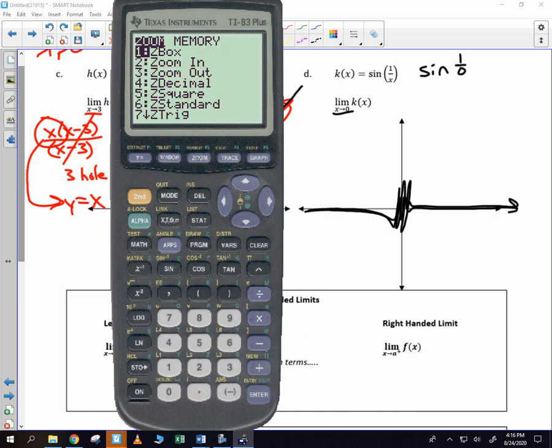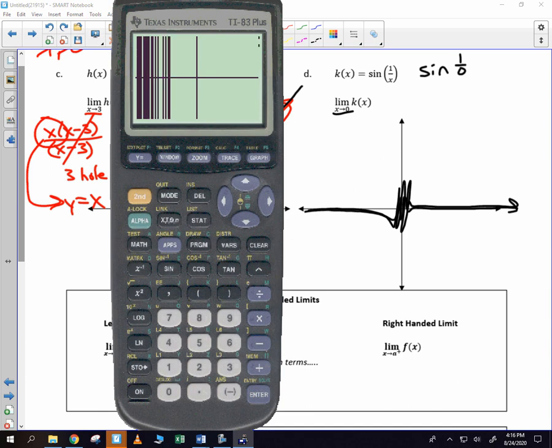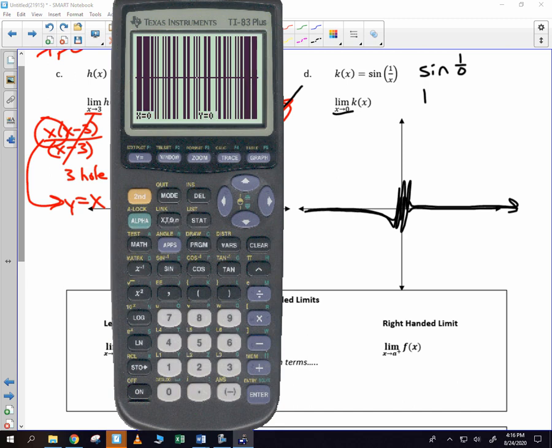Every time I zoom in, the behavior just seems to jump up and down. In fact, it's like, what does the graph look like? And the graph looks like a barcode. In fact, it's called the barcode function. And we can't ever tell as x goes to 0 what happens.